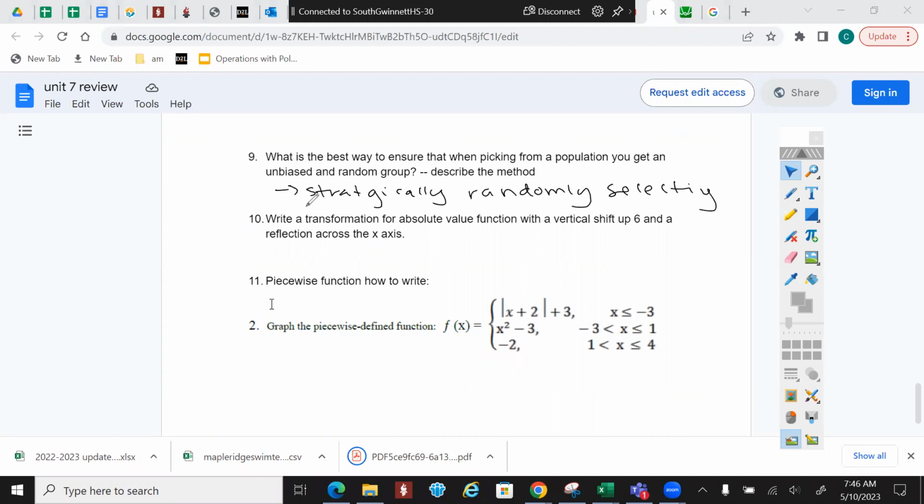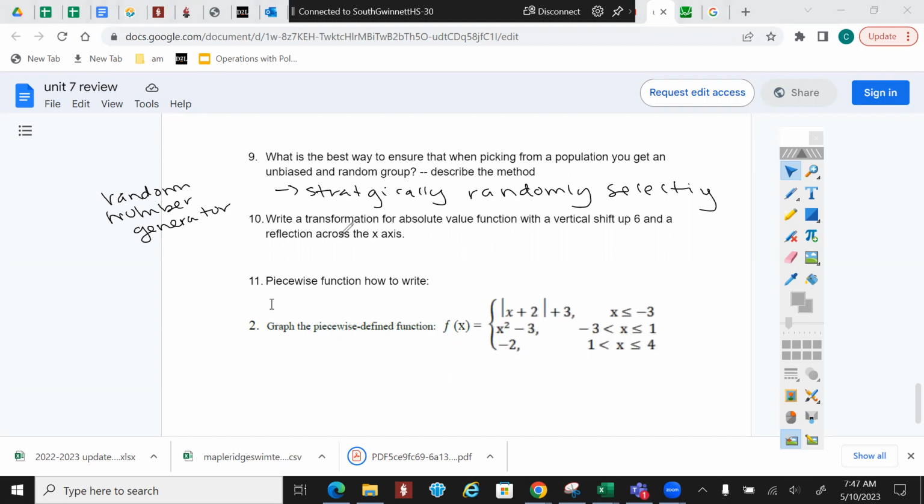The best way to do this is going to be a random number generator. And what I mean by that is, again, I give you all a number, and then I go to a random number generator, or I pick numbers out of a hat, and that will be my group. Okay, that would be unbiased because I don't know who's getting picked and who's not.